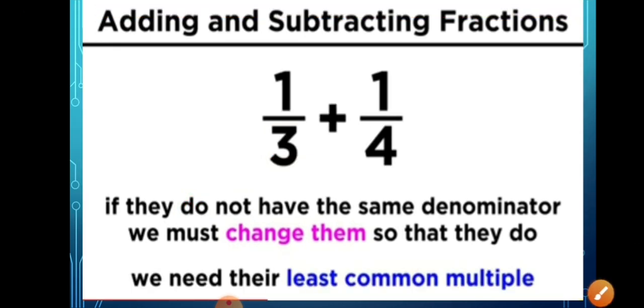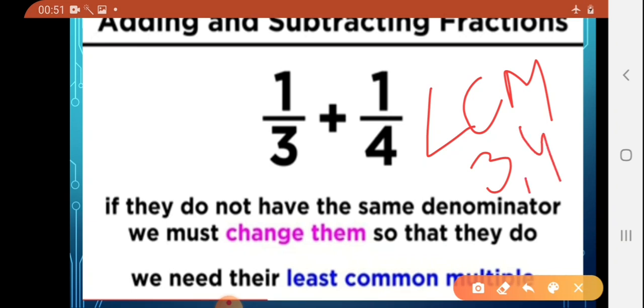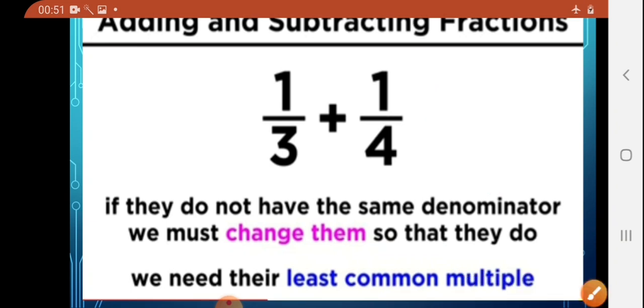We need their least common multiple. We have to find out the LCM of 3 and 4. First we will take out the LCM, or least common multiple.